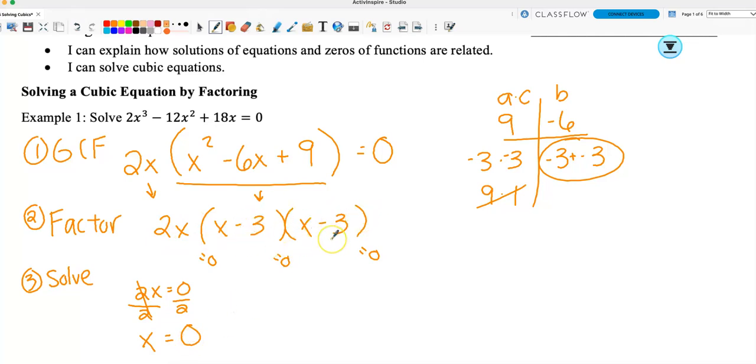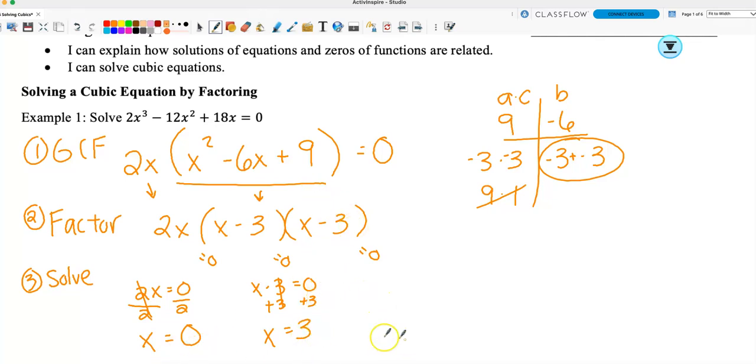These two answers, you can solve by saying x minus 3 equals 0, adding 3 to both sides to get a positive 3, or you can remember, change your sign. If it is a negative 3 in your equation, your 0 or your x-intercept will be a positive 3. This one also will be a positive 3.